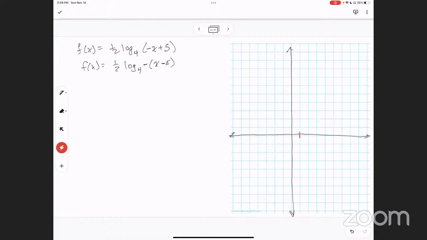It shifts 5 to the right. So the vertical asymptote shifts over there. So that point becomes this point right here. And 1/2 means that it's getting flattened.